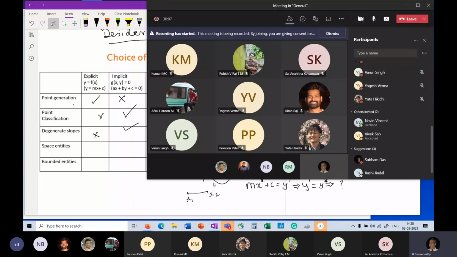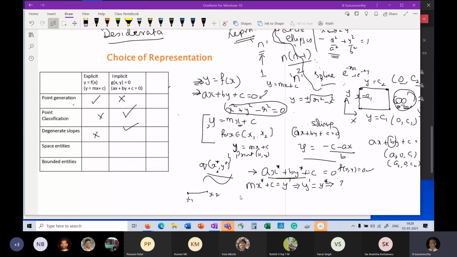So let me ask by taking the explicit one first: how many of you think that the explicit form of the line can be used to represent a line segment? Maybe I should give you the answer because perhaps you are not appreciating the nuance. If you want to represent something like this, your representation of the line is not just m and c, the slope and the intercept, but also x1 and x2.